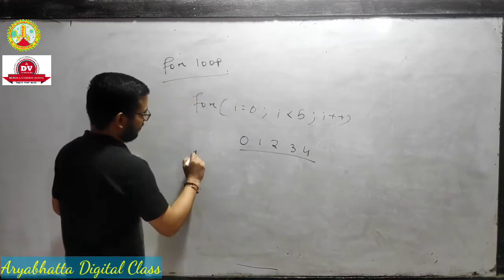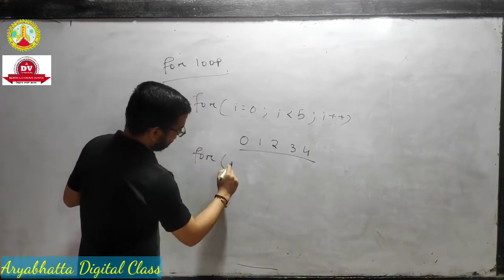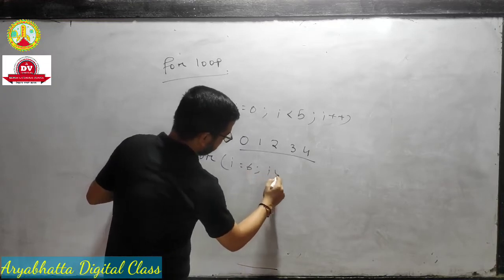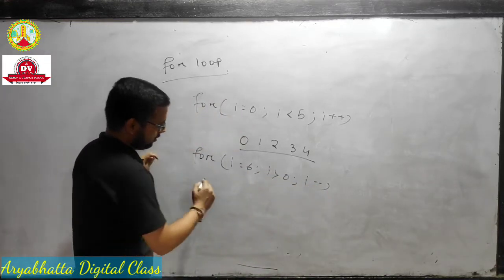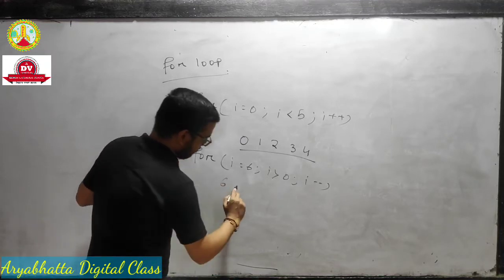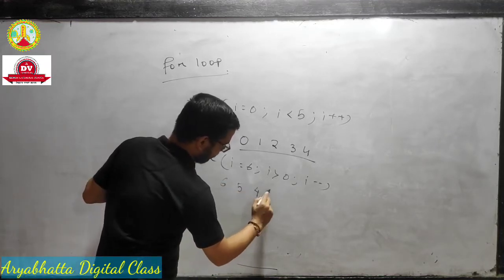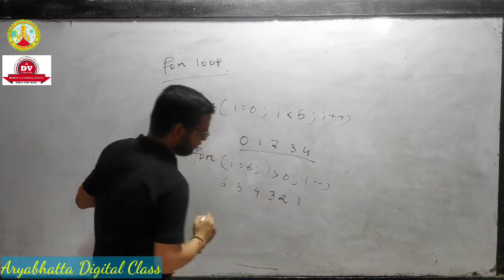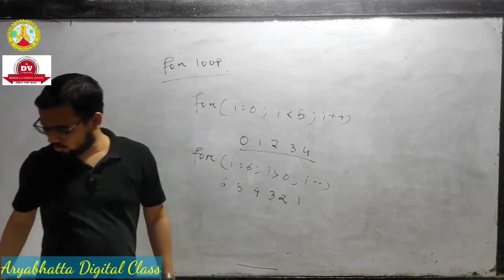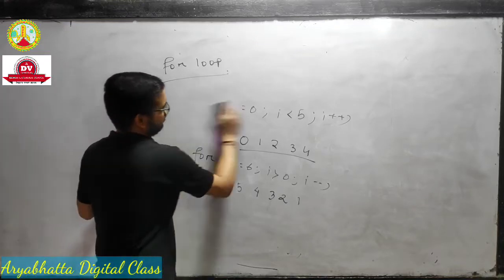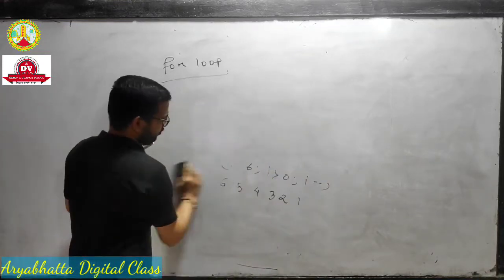Okay, and this is for decrementation, starting from 6, 5, 4, 3, 2, 1. This is a decrementation loop. We are done with the for loop program.